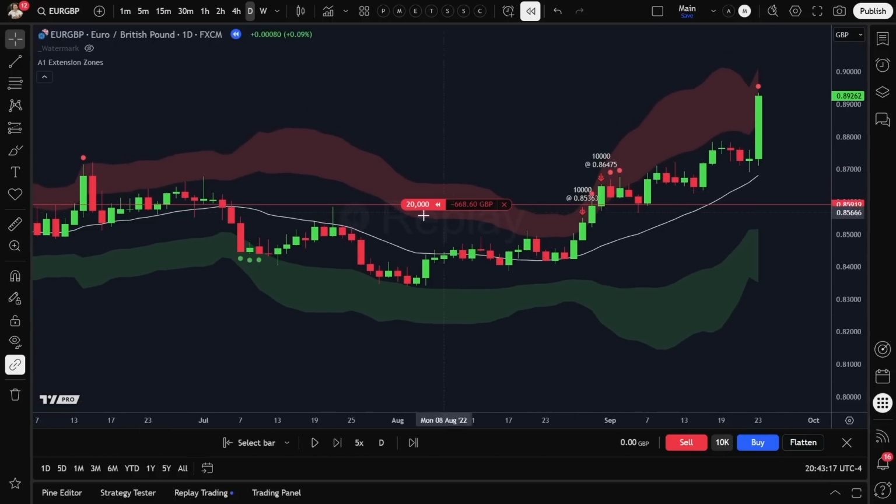At this point, you can see we're down $668. We've been just absolutely incorrect about this move on the Euro British pound. I thought it was going to move lower, and instead it's moved significantly higher against me. But at this point, even with this, which I would say might be still slightly too big for a 50K account. I know that sounds crazy, but remember, we're trading with little to no leverage.